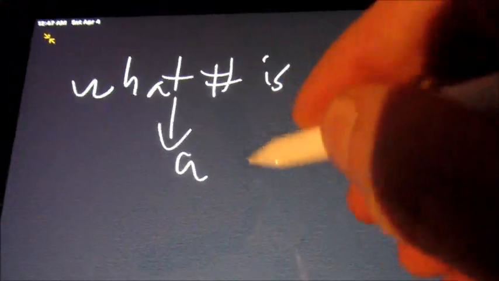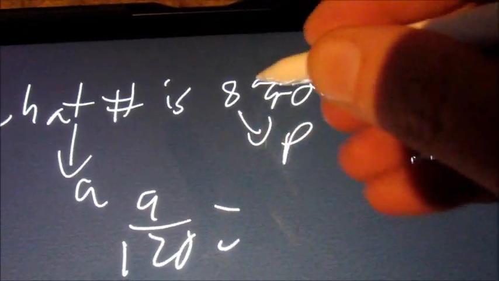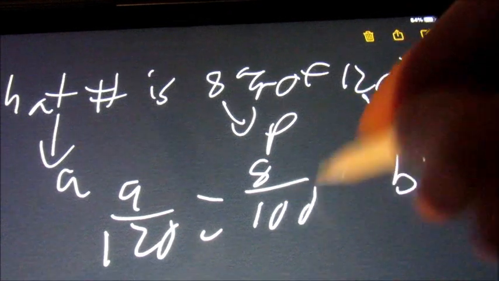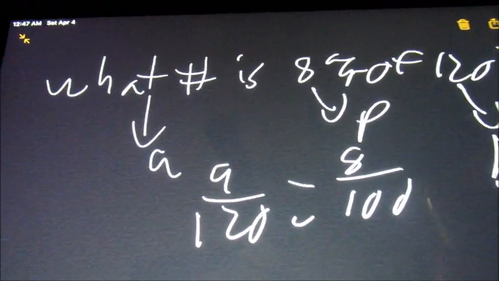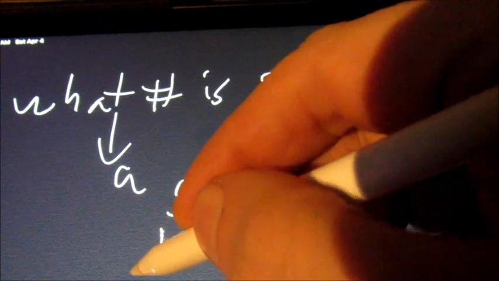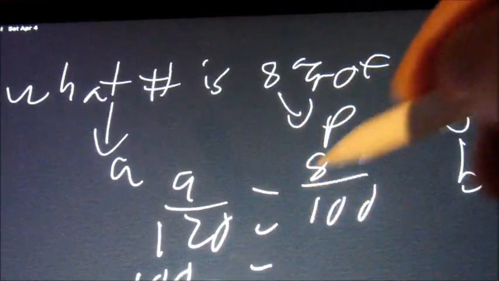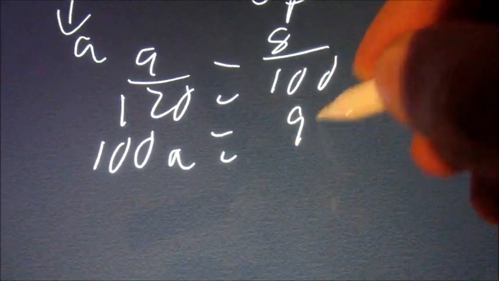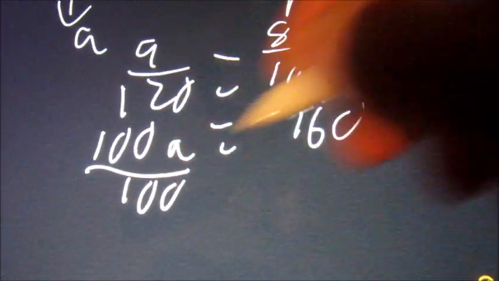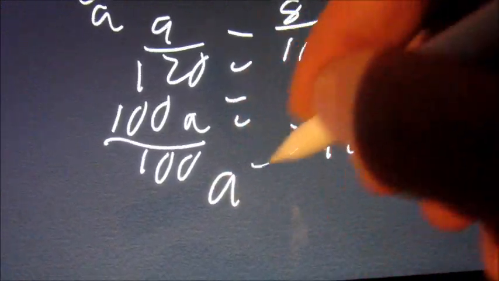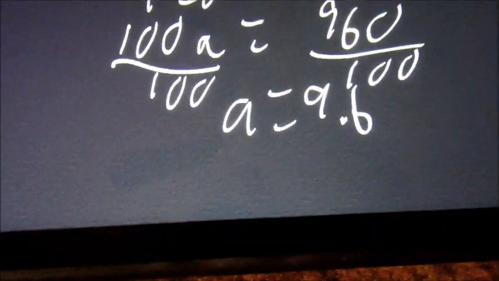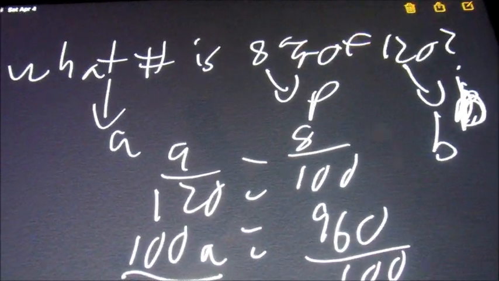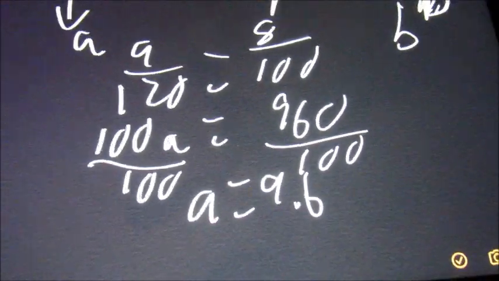Okay, so a over b, which is 120, equals the percent, which is 8 over 100. So now when we multiply, we're going to have 100 times a, which is 100a, equals 8 times 120, which is 960. Divide both sides by 100, and a equals 9.6. So 8% of 120 is 9.6.